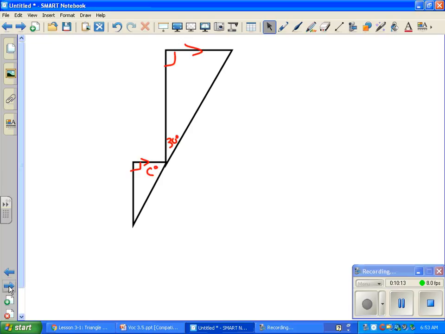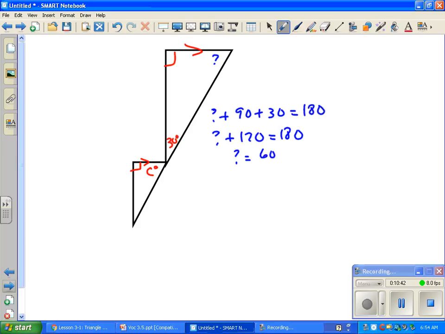So let's look at this one. This is a totally different thought on this picture. You have two 90-degree angles, and you have one angle in this top triangle that is 30. So let's just say we want to find this angle up here. We know that 90 plus 30 plus something makes 180. And so therefore you can add those together and take it away from 180 and find that your answer up there is 60.